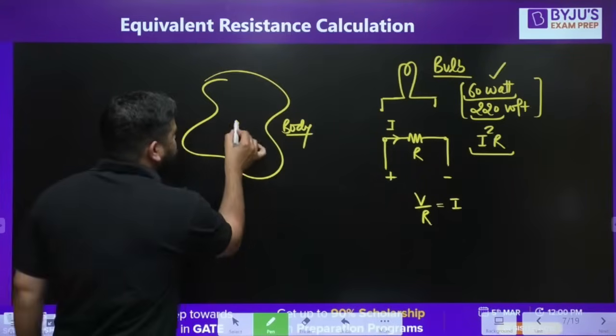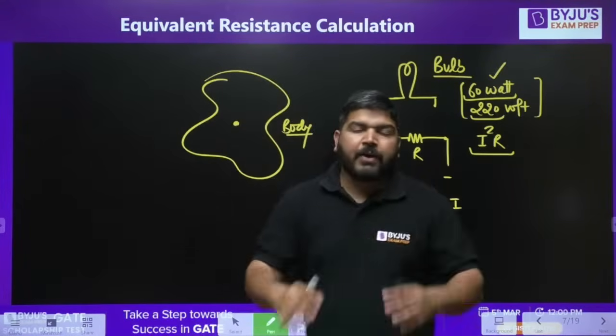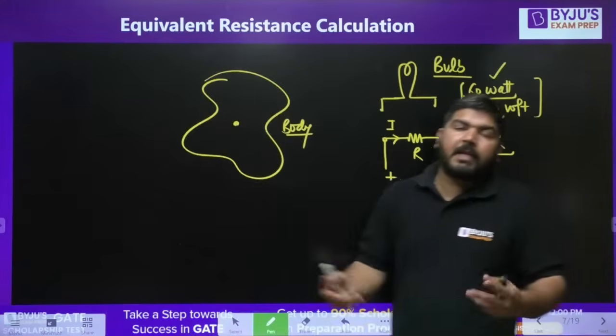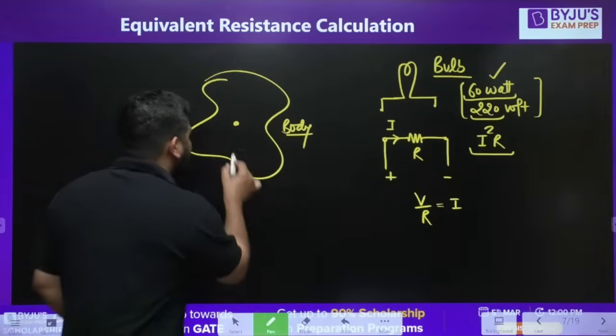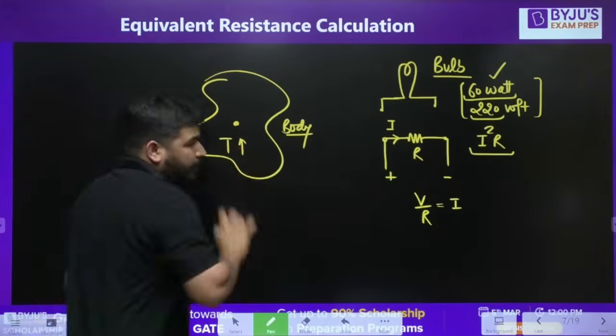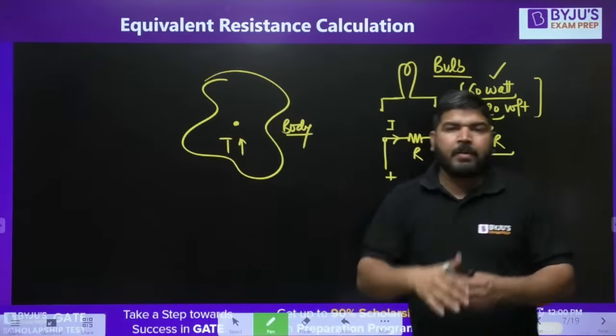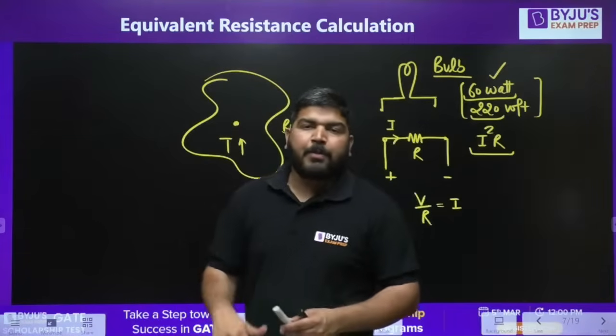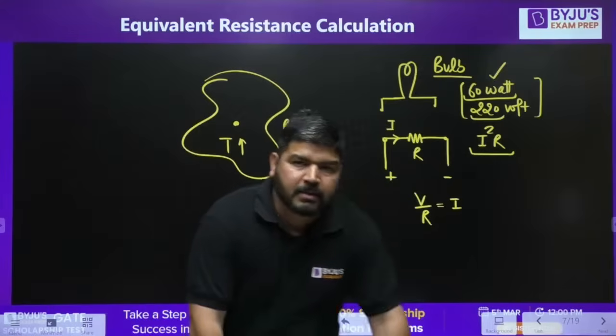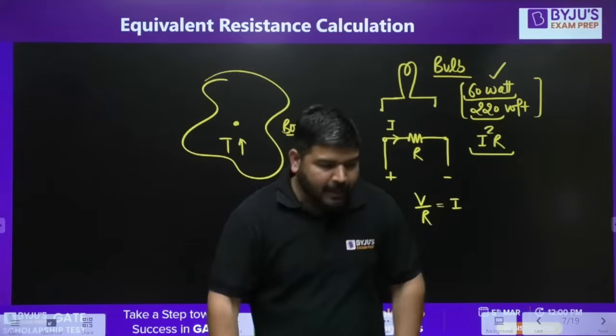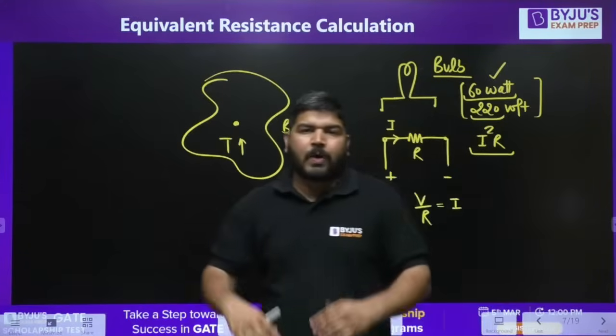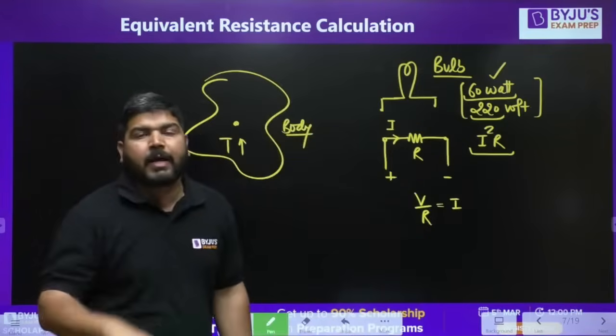If heat is generated inside that body, obviously there will be a temperature rise. But that temperature rise will be up to some level. Beyond that, the temperature will not rise. Can you calculate that level? Up to what level will the temperature rise? How to calculate that level?